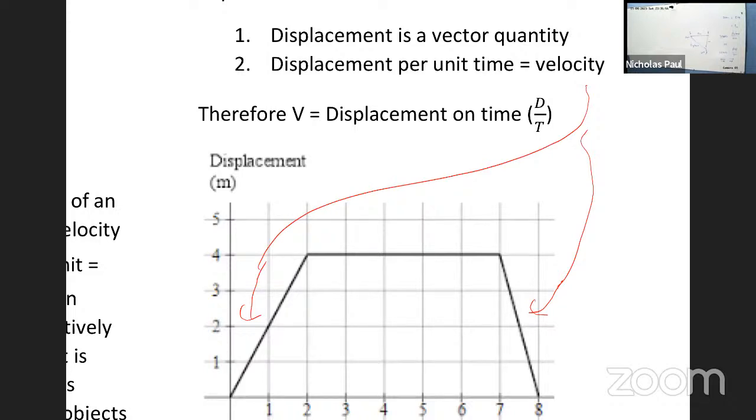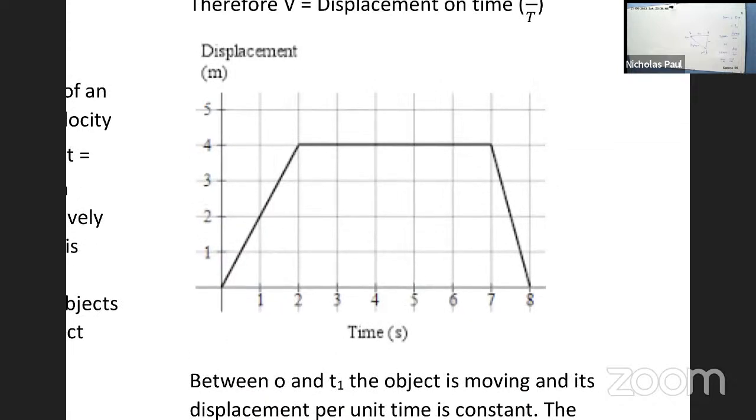Look at this graph here. Anybody can describe what is happening on this graph? Let's say here's O, here's A, here's B, and here's C. What is happening on this graph? O to A is what? Person moving? Yeah.